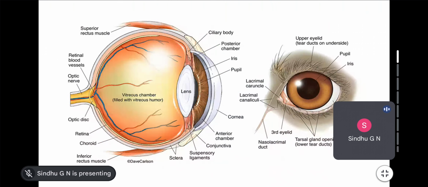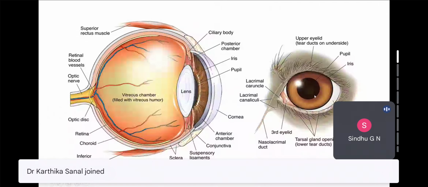So, before coming to the actual topic, I'll just share the anatomy of the eye. Everyone knows, just to refresh it. So we have the upper and lower eyelids, sclera, which is the white part, then the cornea, which is the transparent, avascular, non-pigmented part of the eye.